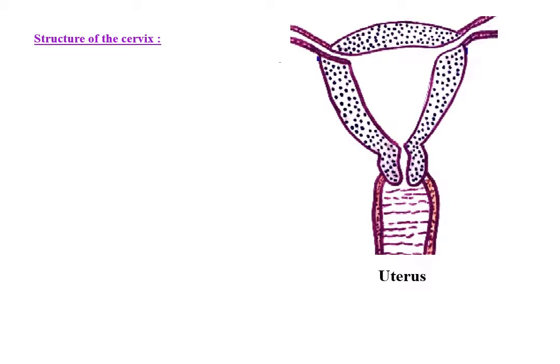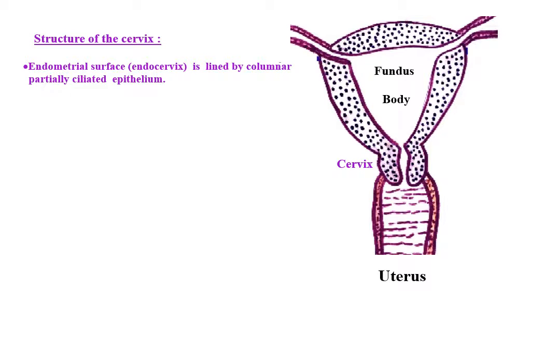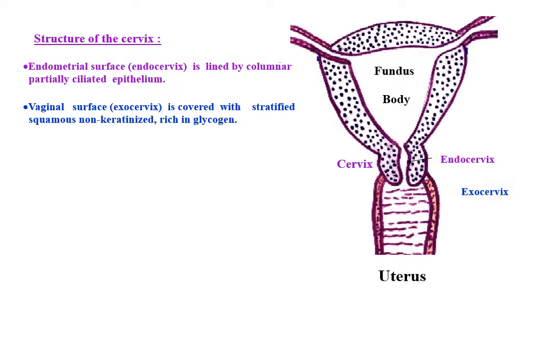Structure of the cervix: it has two surfaces. The endometrial surface, endocervix, is lined by columnar, partially ciliated epithelium, and the vaginal surface, facing the vagina, is covered with stratified squamous, non-keratinized epithelium rich in glycogen.